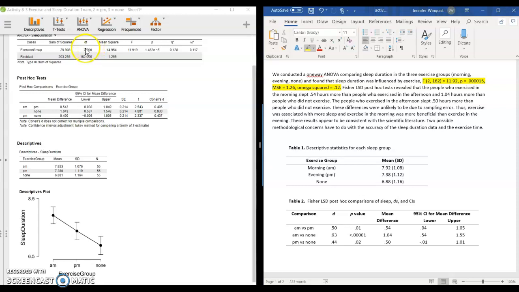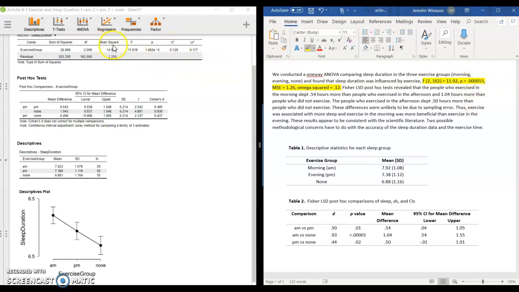So it's always the between treatment degrees of freedom and then error or residual degrees of freedom. And then you give the F you computed. In this case, it was 11.92. And our p was less than 0.0001. I wrote it all the way out to, I don't know, the sixth decimal there.